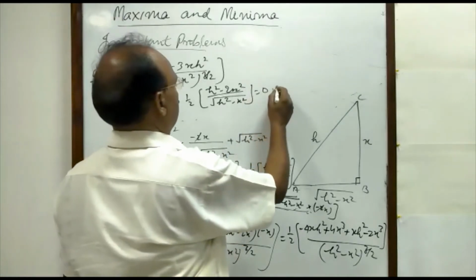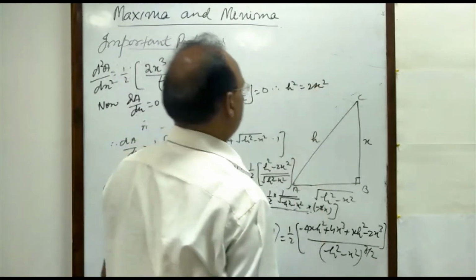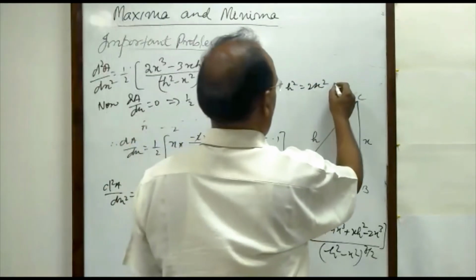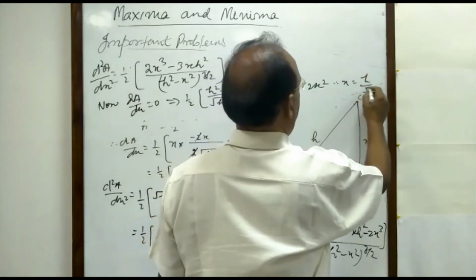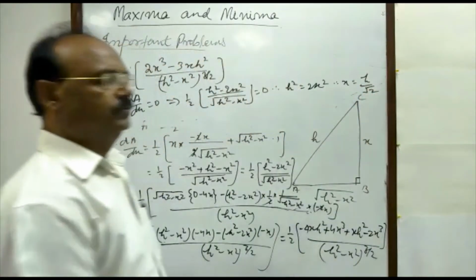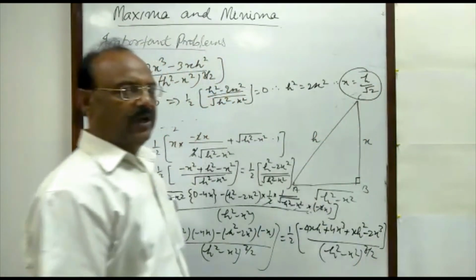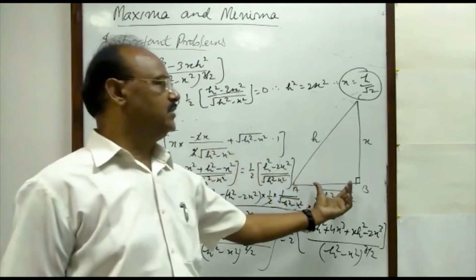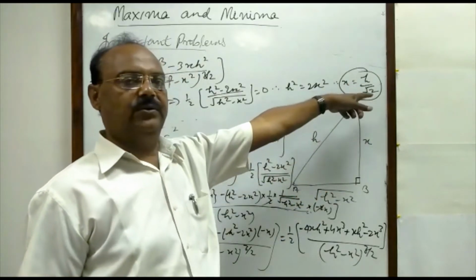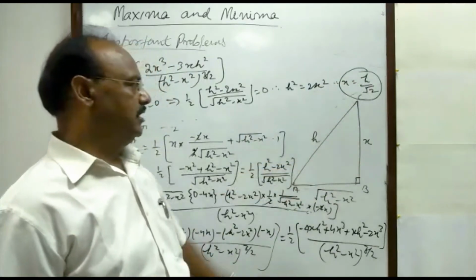So this gives h square is equal to 2x square, and therefore x is equal to h by root 2. This is the length of the perpendicular, h by root 2. Later on we will show that this base will also be h by root 2. Then it will be proved that the right triangle must be an isosceles triangle.